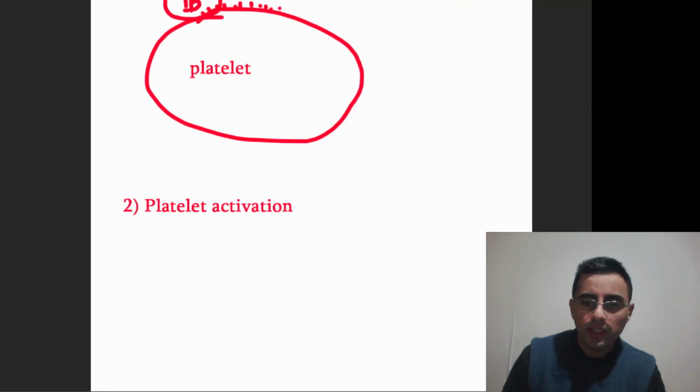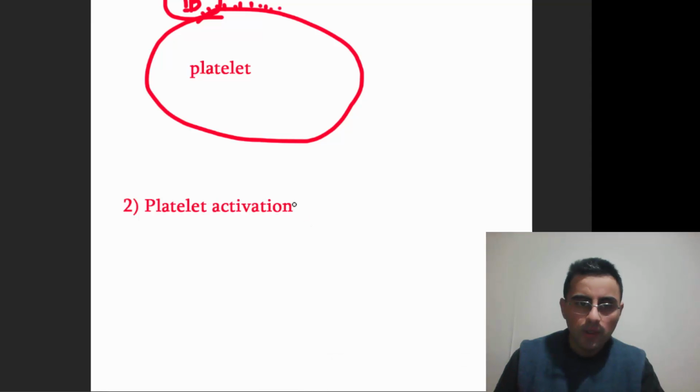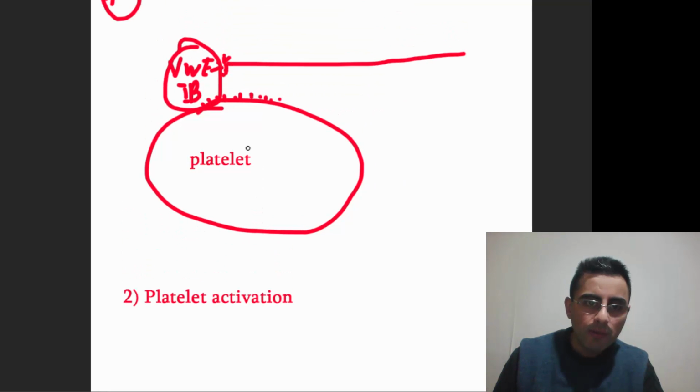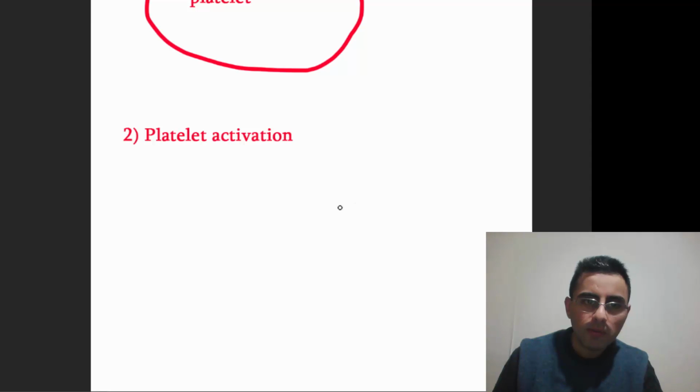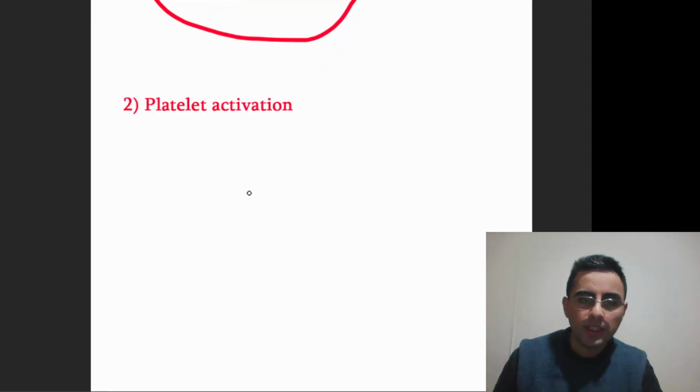Platelet activation we need for aggregation of platelets, for other platelets, because one or two or several platelets adhering is not enough to form a plug. So we need more platelets. For more platelets we need aggregation. For aggregation we need platelet activation.